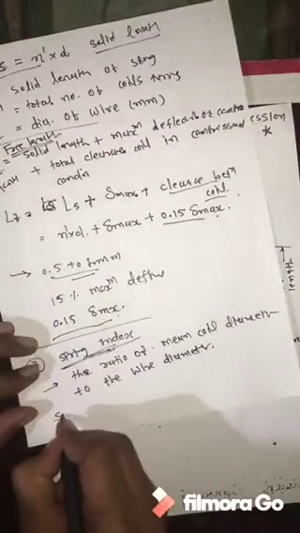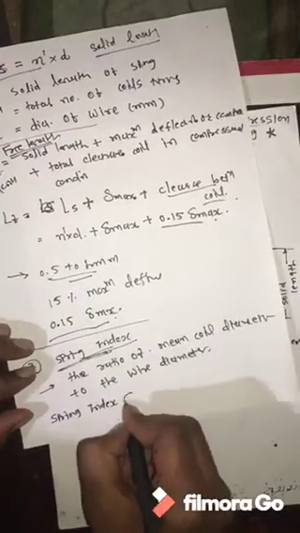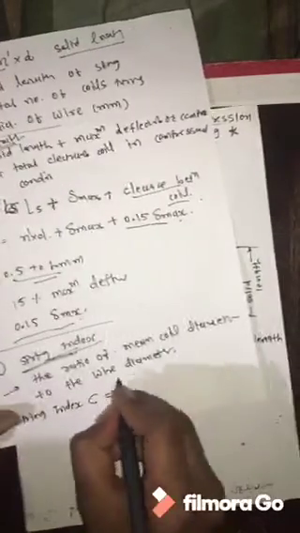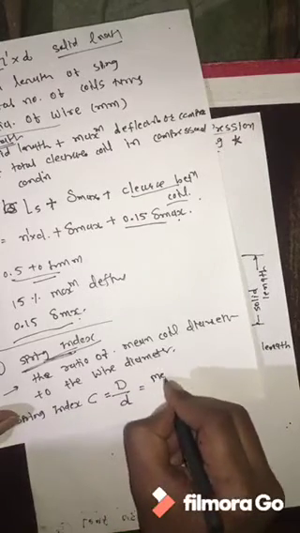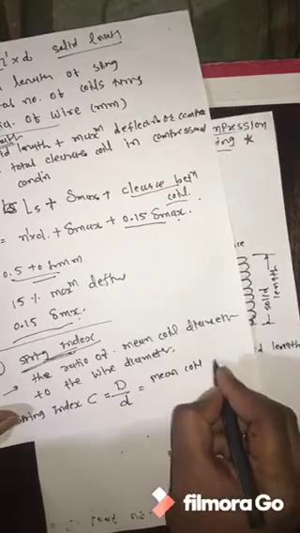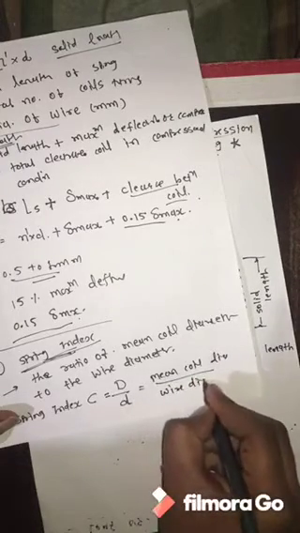And the equation of the spring index: C is equal to capital D by small d. That means mean coil diameter to the wire diameter.